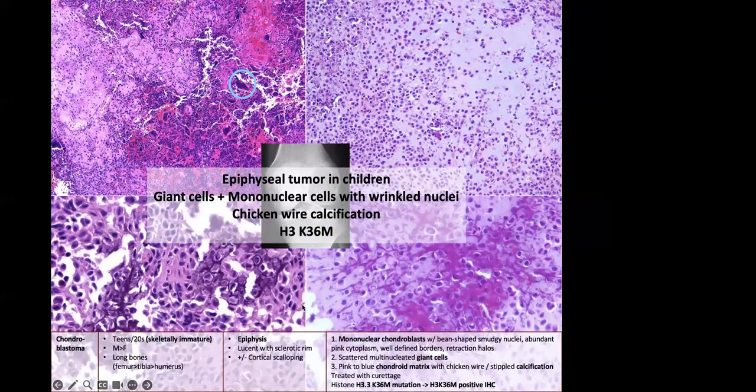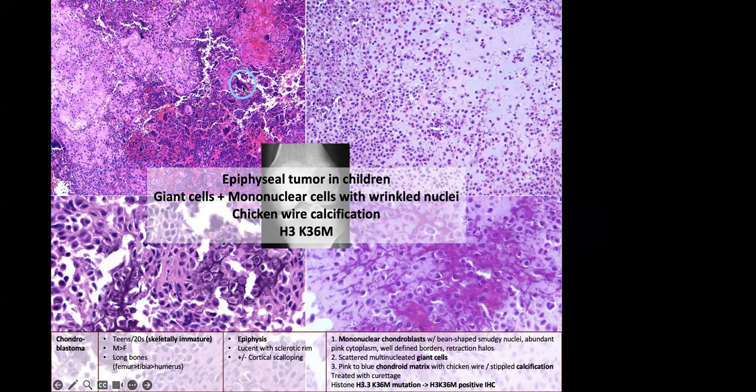Chondroblastoma is an epiphyseal tumor in young or skeletally immature patients. It tends to have mononuclear cells with wrinkled or coffee bean shaped nuclei in a background of myxochondroid matrix with chicken wire calcification, as you can see on the bottom.